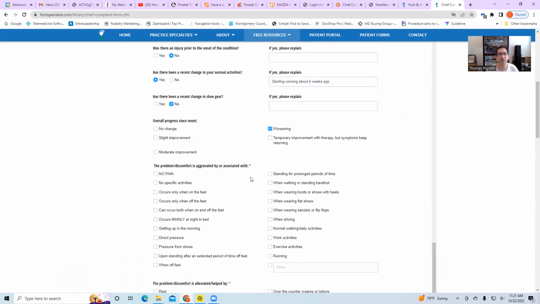Okay. So the problem or discomfort is aggravated or associated with what? Now, there's no pain, let's say, with the toenail changes, so I'm just going to ignore that. I don't know that it's necessarily fungus, but I'll say that the pain was associated with running.